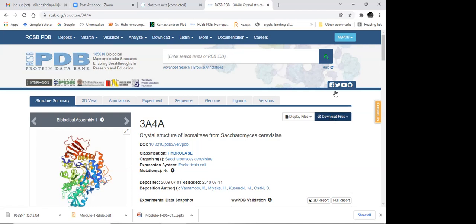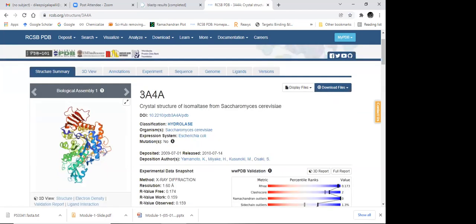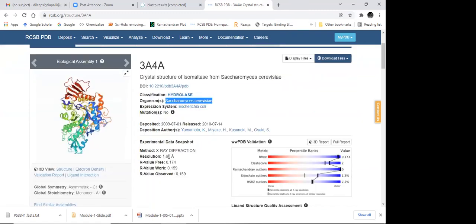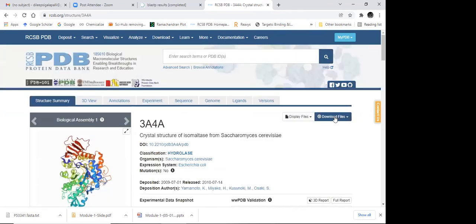Then we need to download this PDB ID. You can see download file 3A4A, that is the PDB ID, the crystal structure of isomaltase from Saccharomyces cerevisiae. It originated from Saccharomyces cerevisiae, and its expression system is Escherichia coli. Its resolution is 1.60. Then we have to download this PDB ID.